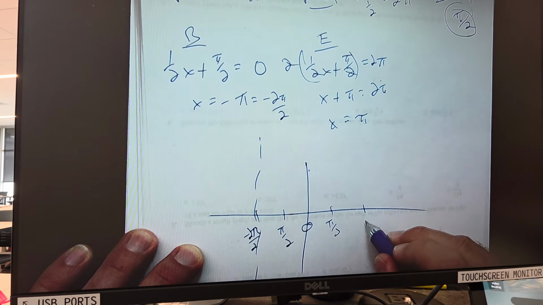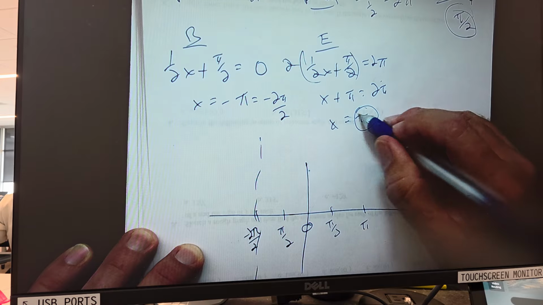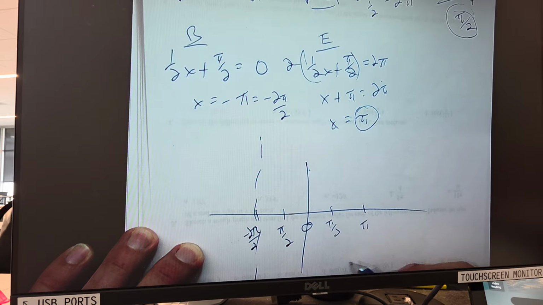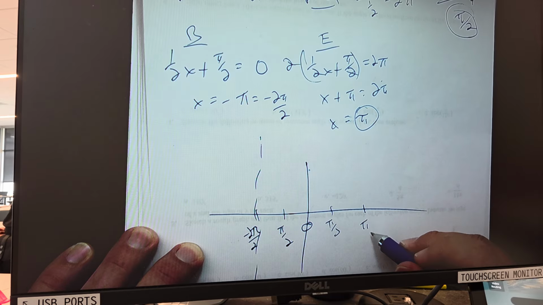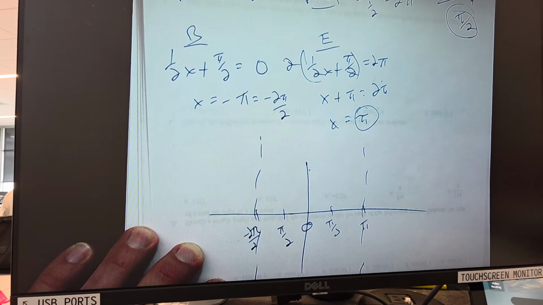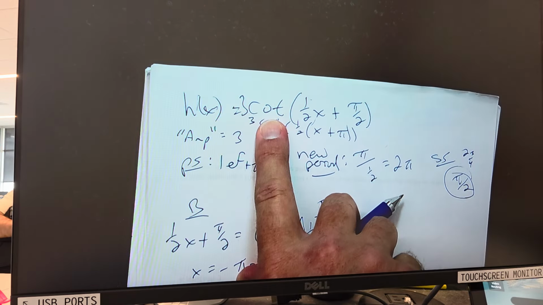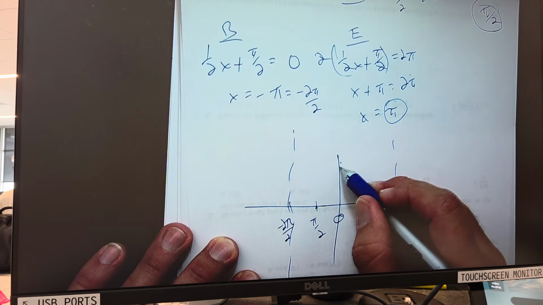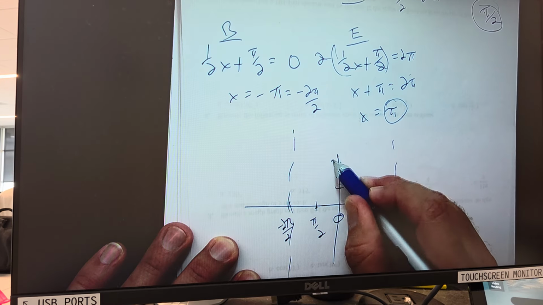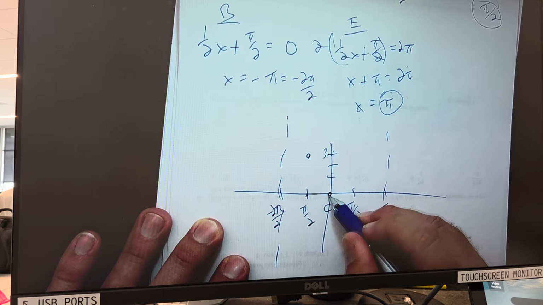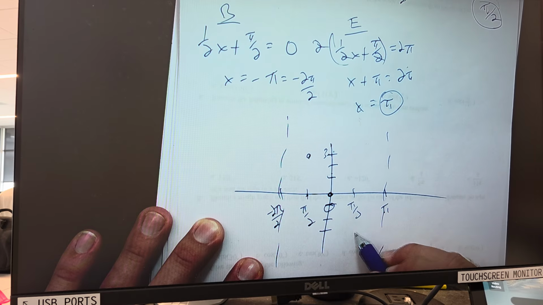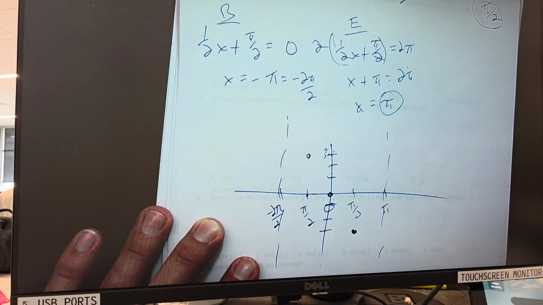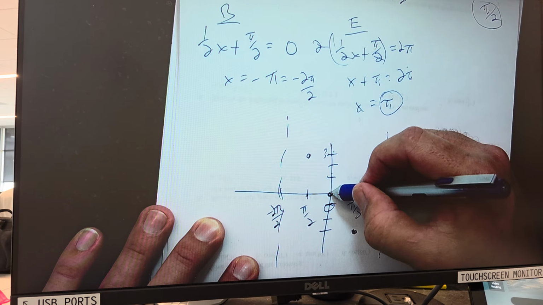One more step gets me to pi, which jibes with what the period's supposed to be. It's cotangent, so I know here, first step in, it's going to be up here. And then it's going to be 0, and then it's going to be negative. And then I just fill in.